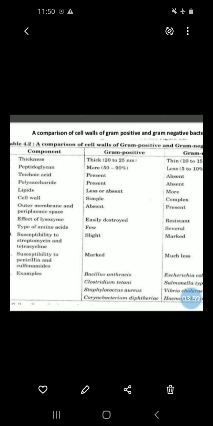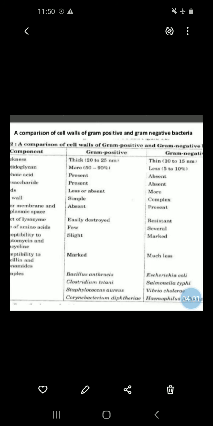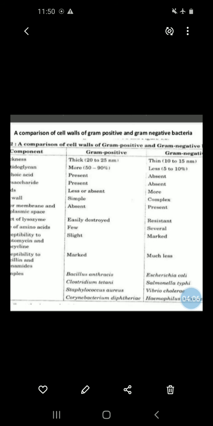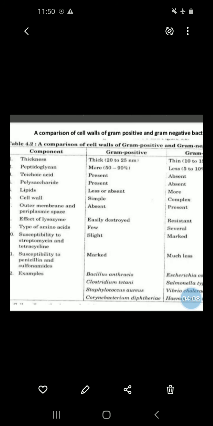Peptidoglycan is present more, 50 to 90%, in gram-positive and less, 5 to 10%, in gram-negative. Teichoic acid is present in gram-positive and absent in gram-negative. Polysaccharide is present in gram-positive and absent in gram-negative. Lipids are less or absent in gram-positive and present in more quantity in gram-negative.